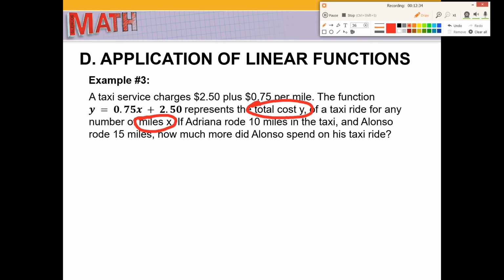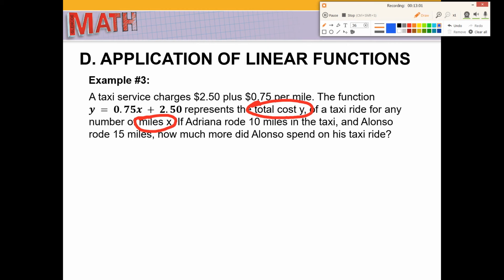If Adriana rode 10 miles in the taxi and Alonso rode 15 miles, how much more did Alonso spend on his taxi ride? So this problem is almost the same as the previous one that we just answered. So we have to solve for how much Adriana paid the taxi and how much Alonso also paid the taxi.